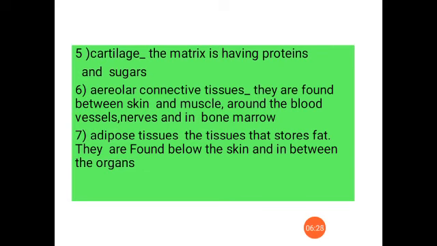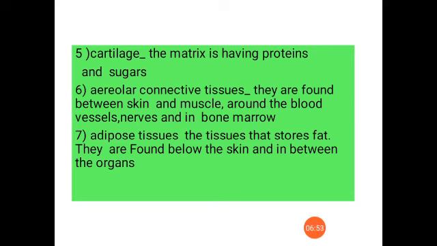Then next is what? Cartilage. Another solid connective tissue. Solid connective tissue means its matrix is rigid, isn't it? Solid matrix, and the matrix contains proteins, sugars, etc. Can you say where you can find cartilage? In our nose. In our ear pinnae, you can fold the ear pinnae, isn't it?